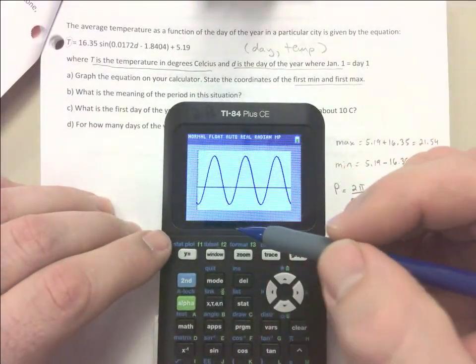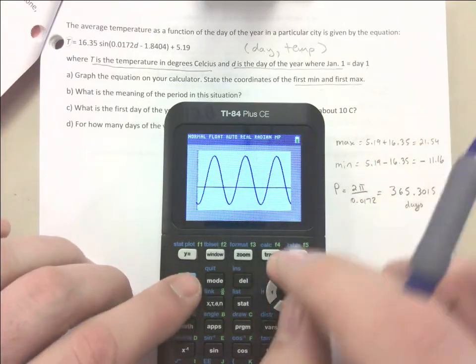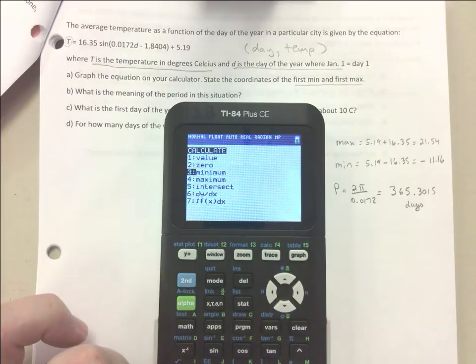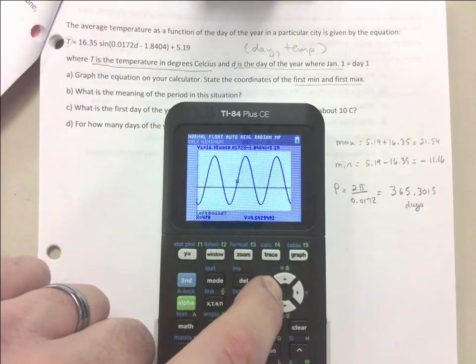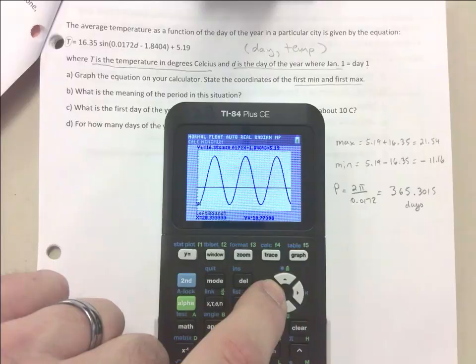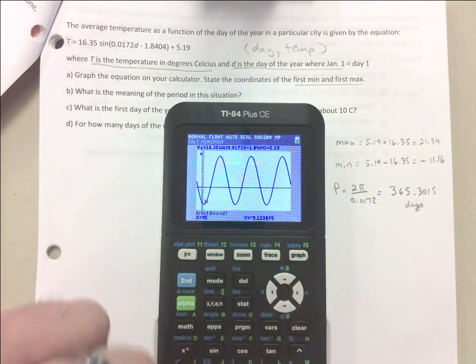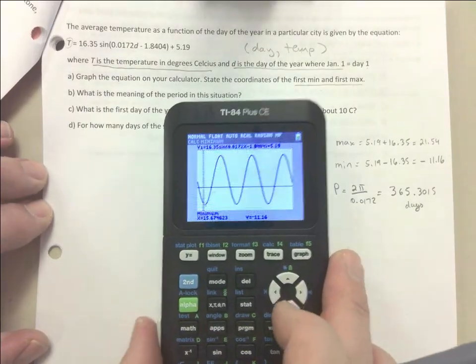Let's find our first min. This min is actually still in the positive, so I'm going to go find it. Second, trace, minimum. You've got to go to the left of it, and you've got to go to the right of it. And there you go.